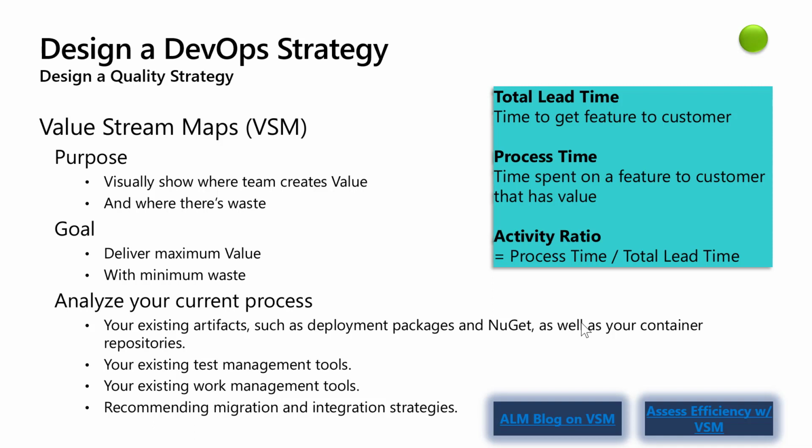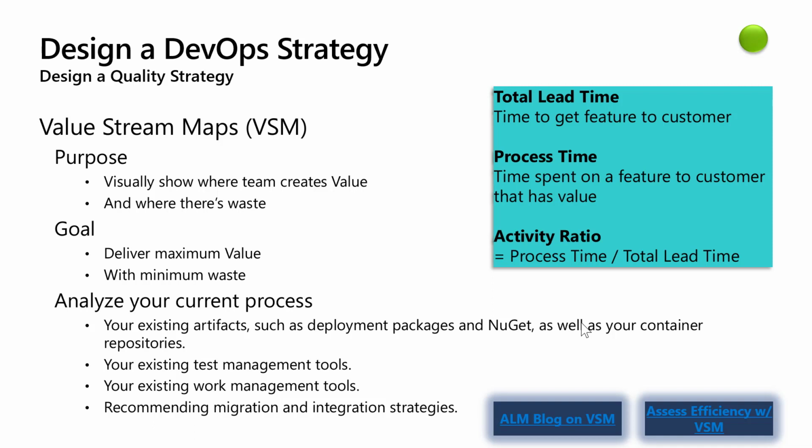Now, if you look at your quality strategy, at least from this perspective, it means that you need to figure out how much time am I spending on actually building the pipeline, but also building software updates, releasing them. And that would map with the total lead time.